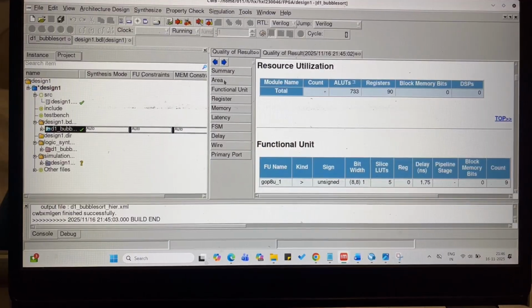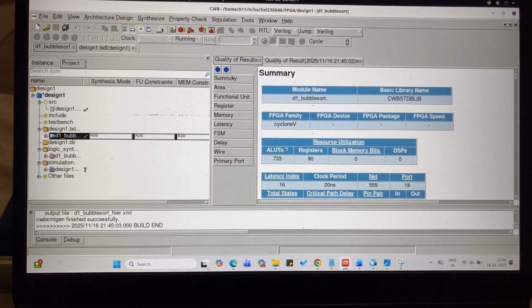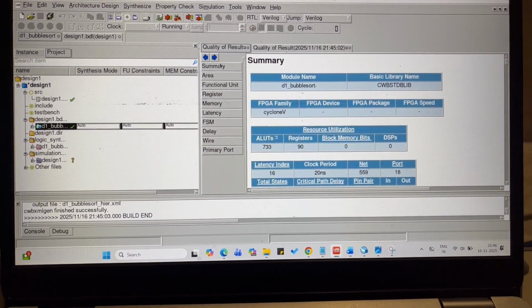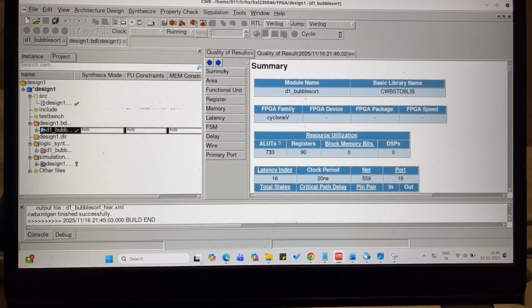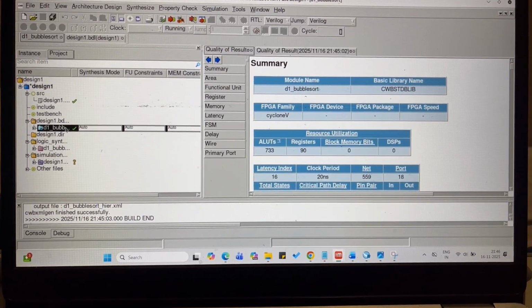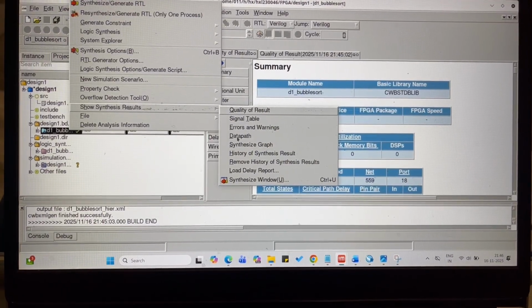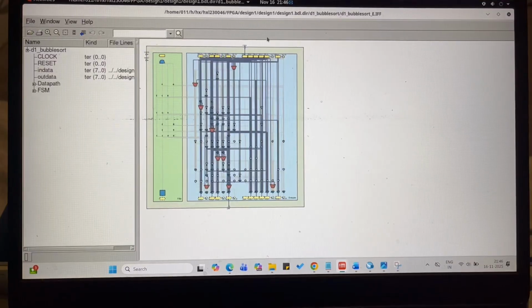Overall, we can say that the performance is really good since the latency is only 16, because the latency is very low, but the area utilization is high. This is how the data path looks.